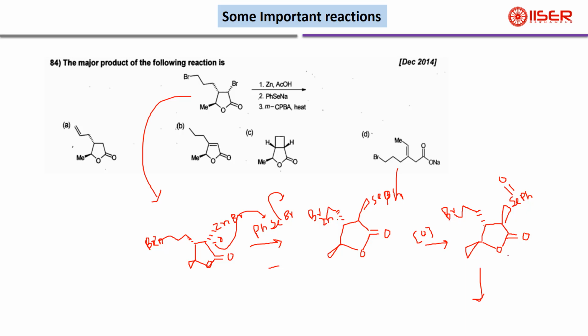Oxygen bromine zinc bromine form will be there, but it will be just protonated after the next step. So the correct option, because there is a syn hydrogen, it undergoes an elimination and this bond will also break. So the correct option will be option B.